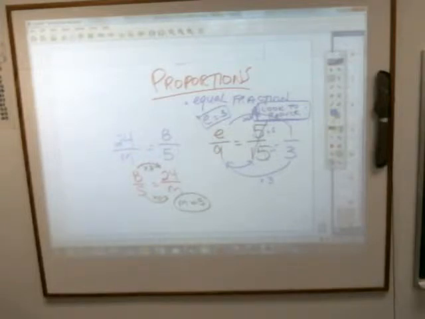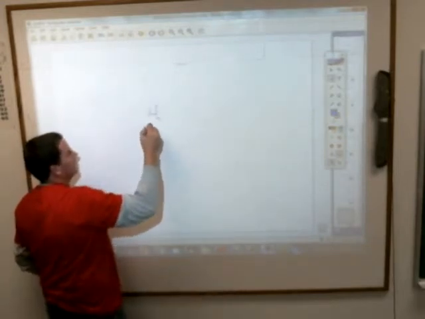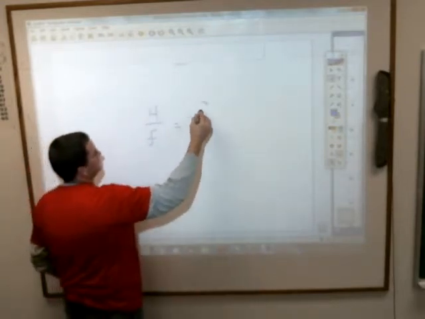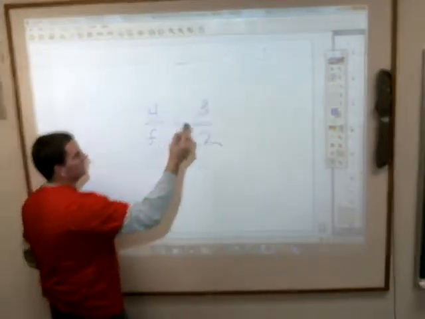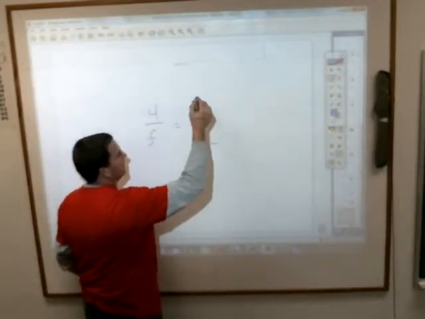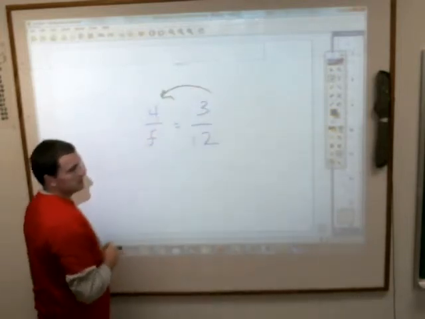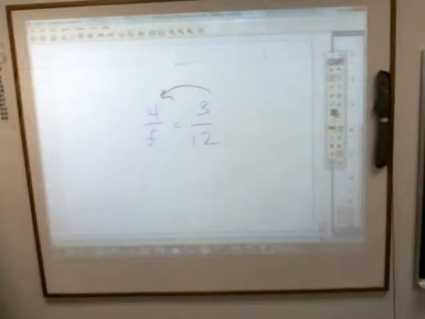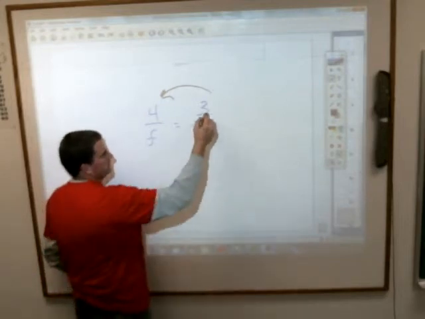Let me see another one. How about this one? 4 over F equals 3 over 12. And again, the first thing you look at is, how do I go from 3 to 4? And if you can't do that, then look to see if you can reduce. Can you reduce the fraction that's there? And if so, what is it, Kendall, if you reduce it?